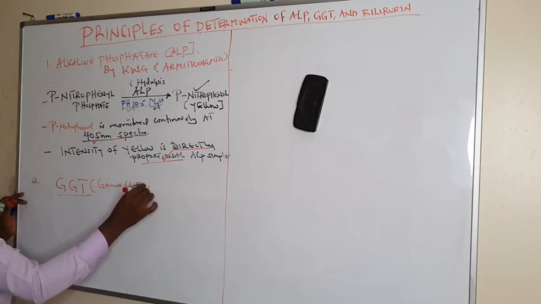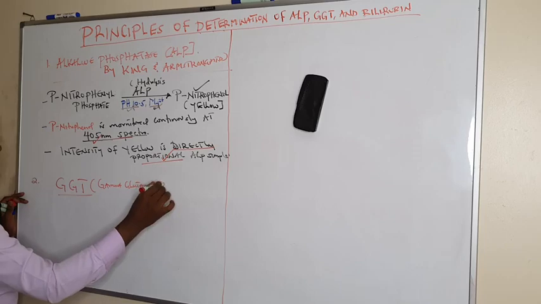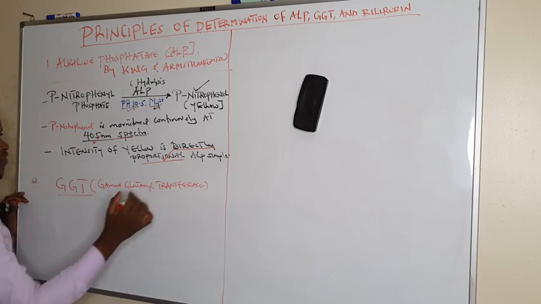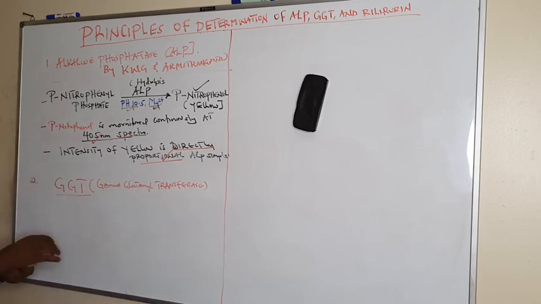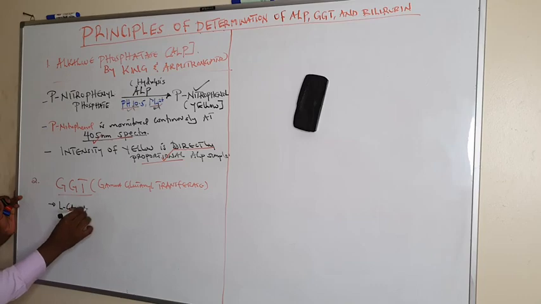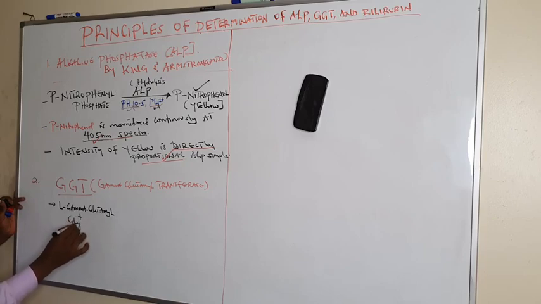This GGT is also by kinetic method, whereby we have L gamma glutamyl nitroanilide, and we add glycylglycine.